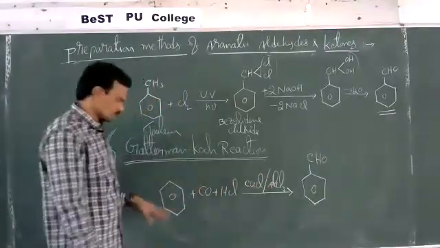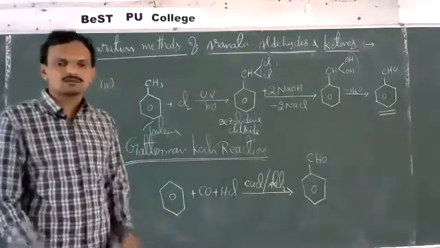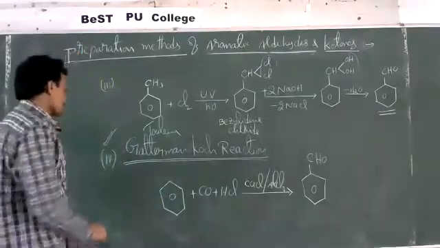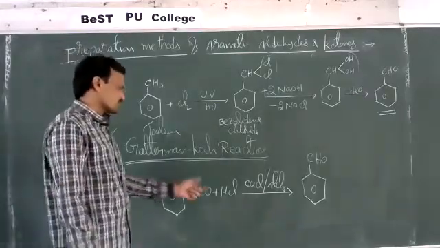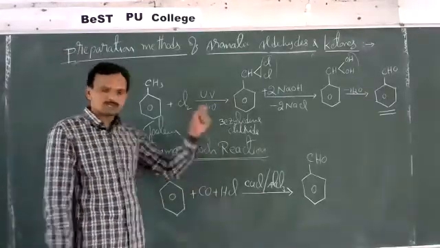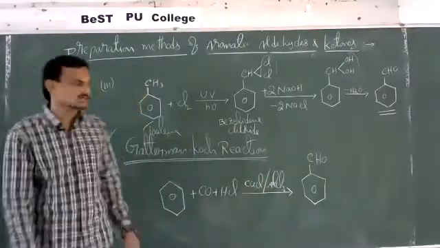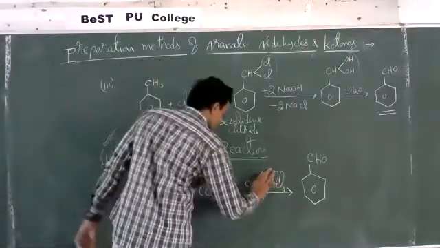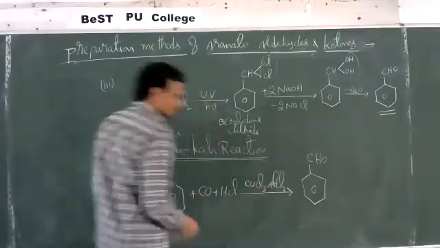Otherwise, you won't get marks here. So this is preparation of benzaldehyde from benzene by reacting with the mixture of carbon monoxide and HCl in the presence of the catalyst cuprous chloride and AlCl3. Both CuCl and AlCl3 are used here.